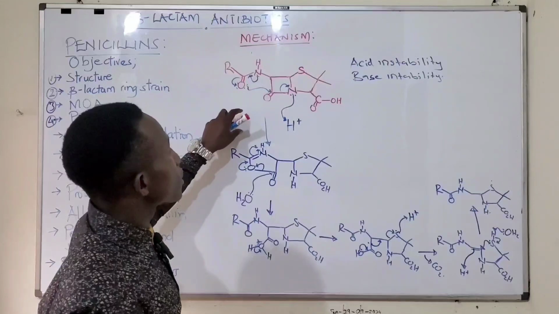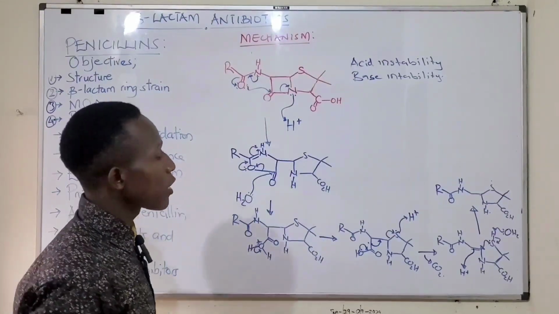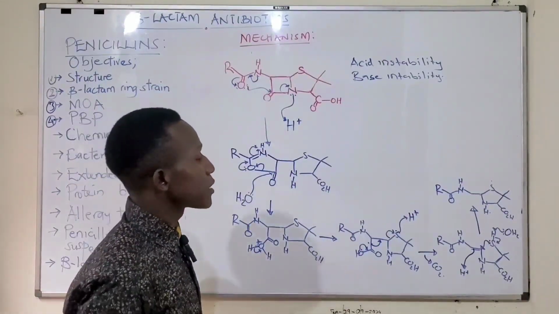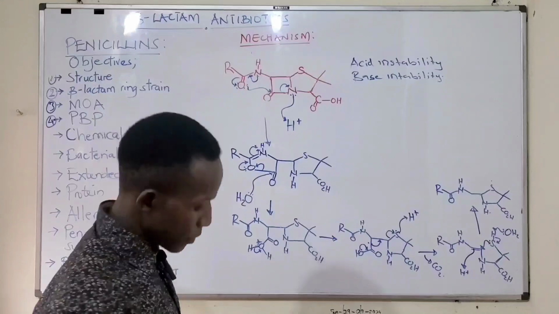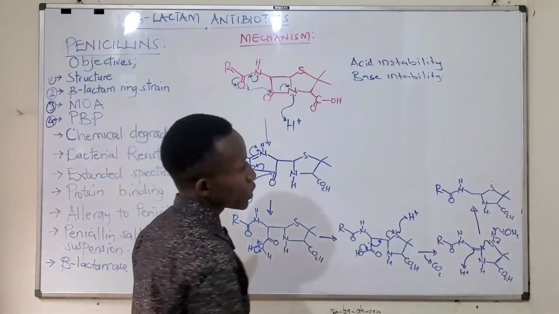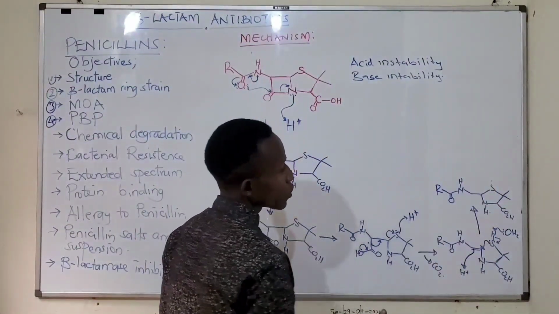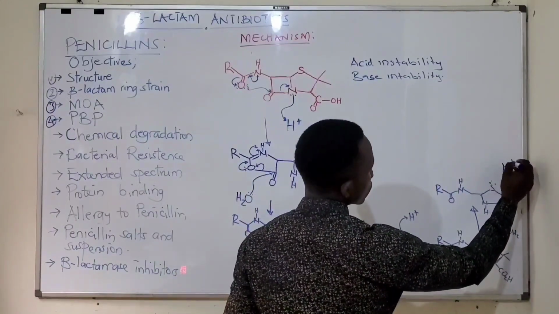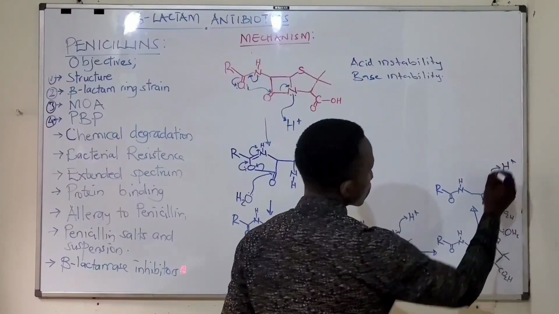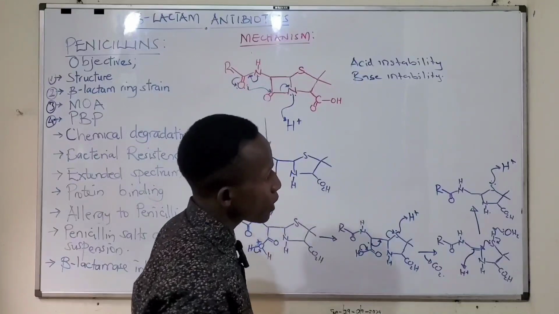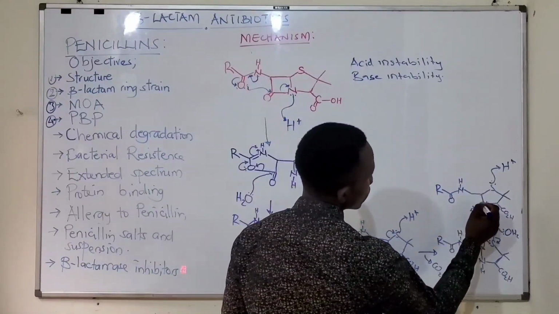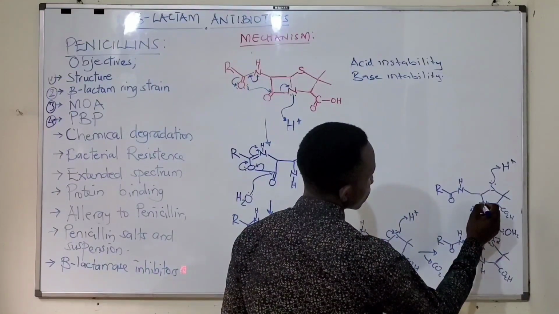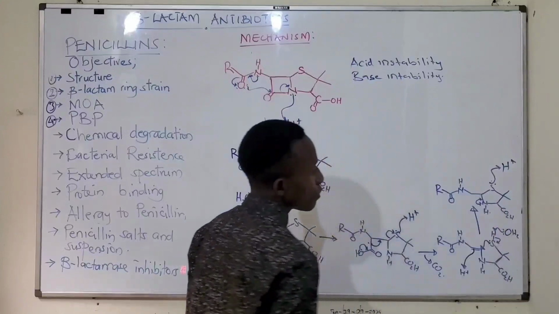The instability of penicillins: at the end we shall have the penicillamine and the penicillaldehyde. So we shall break this penicillin into two. A lot of proton in the solution. Sulfur will attack the hydrogen. This nitrogen has a lone pair of electrons which form a bond there.